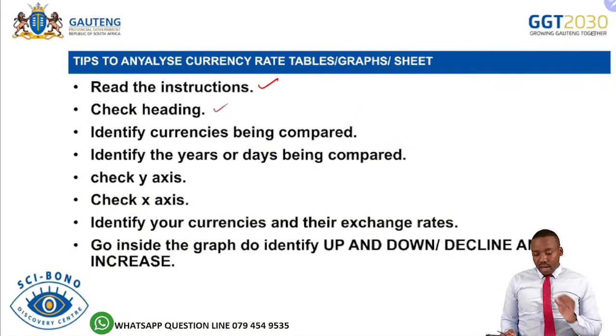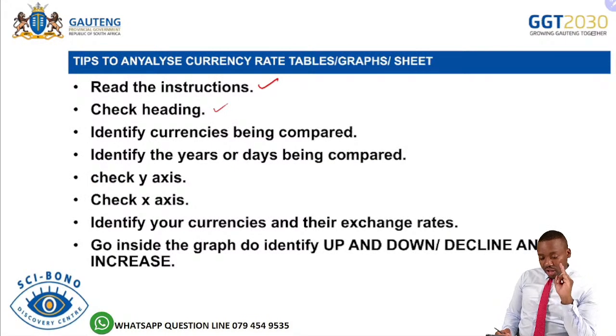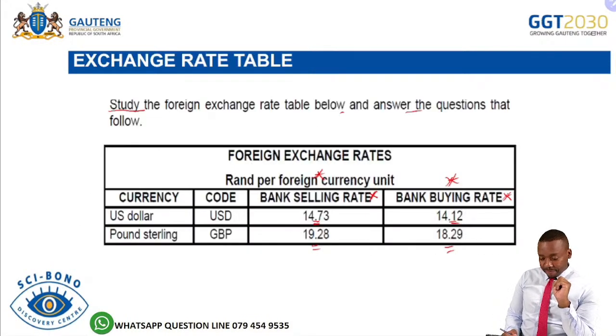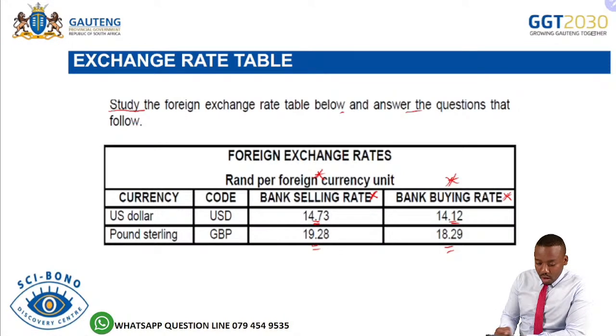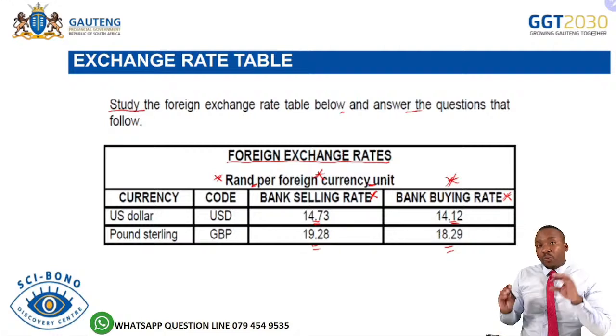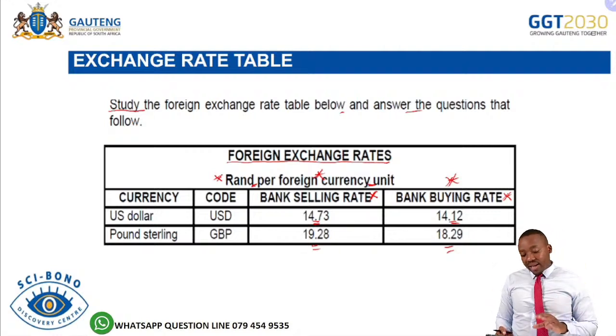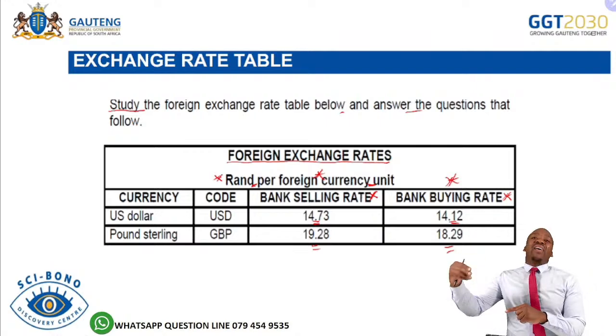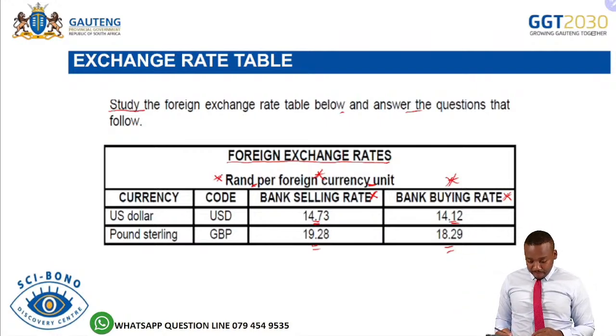Right. I said read the instructions, check the heading. Let's check the heading. Here is your table. So what is the heading? Here's the title or the heading, foreign exchange rates, right? As you can see, it is even in caps, right? Then here's a subtitle. What do we have there? Rand per foreign currency unit, meaning which currencies are being compared there, rand and other currencies.